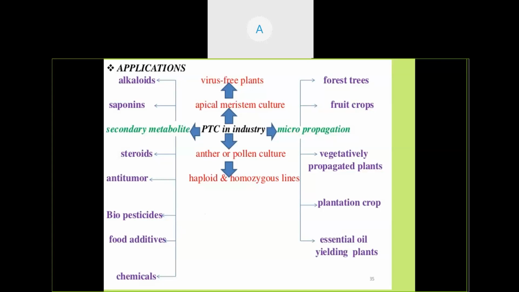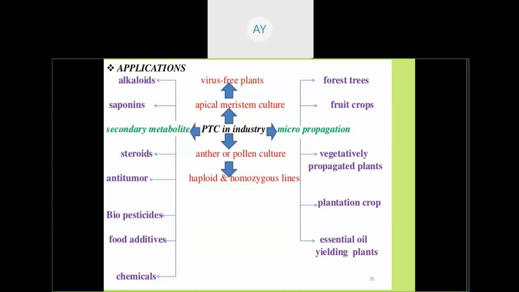So generally try to know 2n generally in case of somatic cells and n generally in case of reproductive cells, because after meiosis, means reductional division, the number of chromosomes is reduced, that is in case of pollen grain. In case of the egg, you will get half the number.